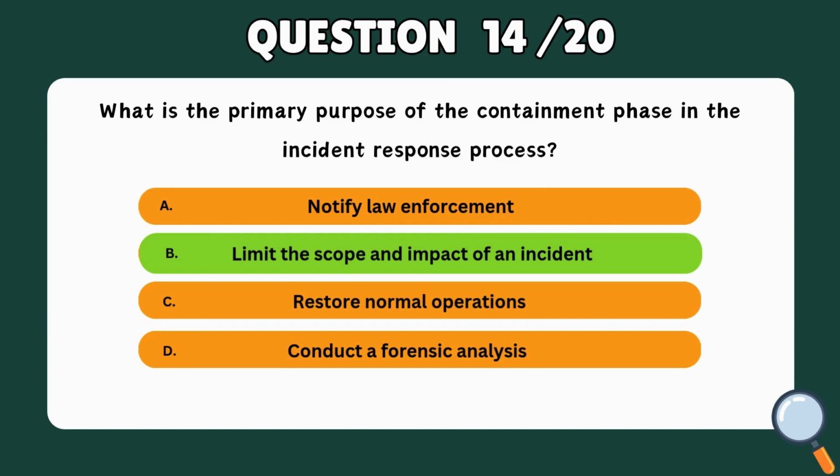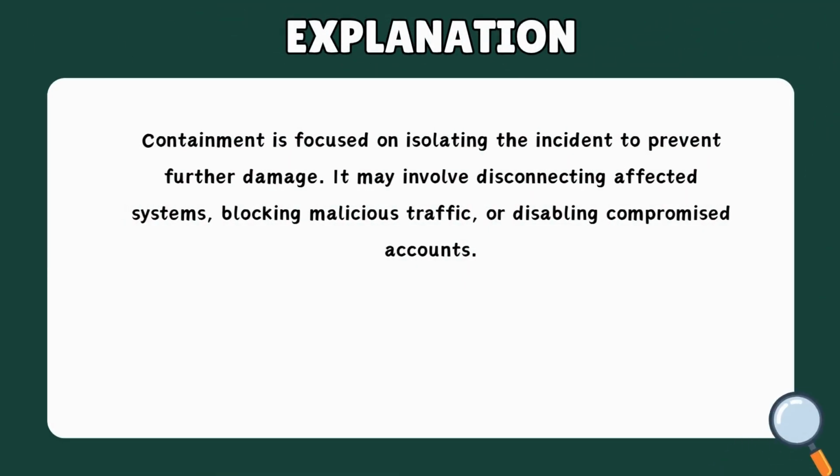Correct answer: B. Limit the scope and impact of an incident. Containment is focused on isolating the incident to prevent further damage. It may involve disconnecting affected systems, blocking malicious traffic, or disabling compromised accounts.